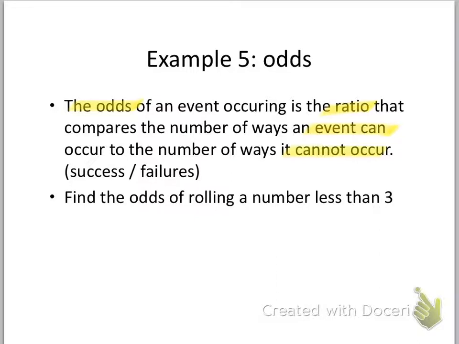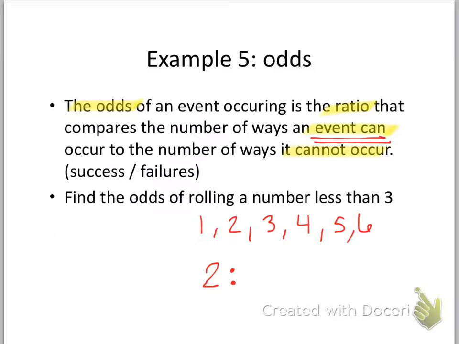Okay, so find the odds of rolling a number less than 3. So remember, on a die, we have 6 sides. We've got 1, 2, 3, 4, 5, and 6. So the number of ways an event can occur, we've got 2 numbers that are less than 3, and then odds is usually written with a colon, not as a fraction, so we can tell the difference between probability and odds.